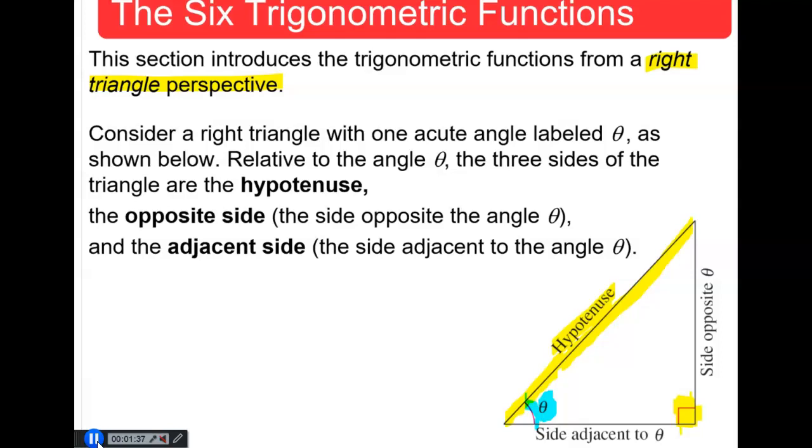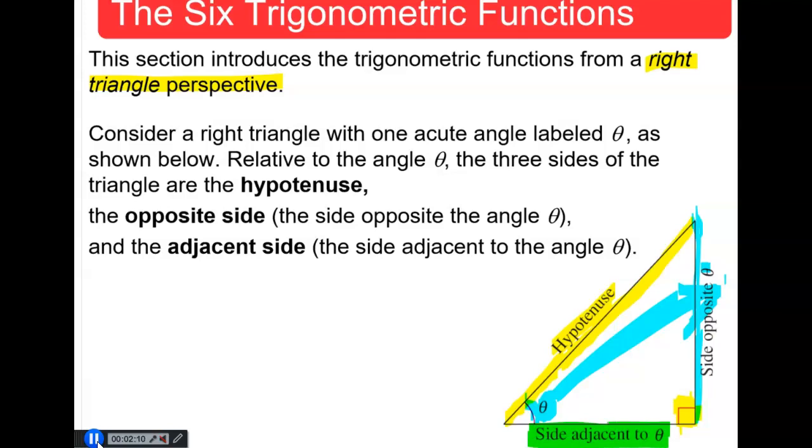And the side that is opposite to theta is like if you were trying to throw a basketball or shoot a water gun from there, it will go straight into that side. So that is always the opposite side. And so the remaining side that is not the hypotenuse or the opposite is going to be called the adjacent side.